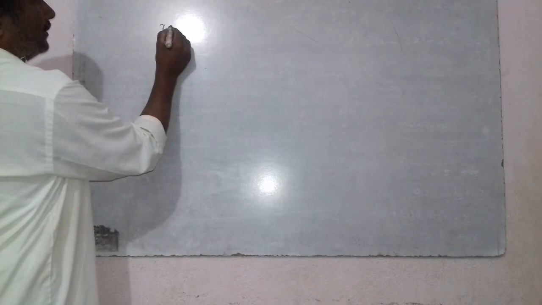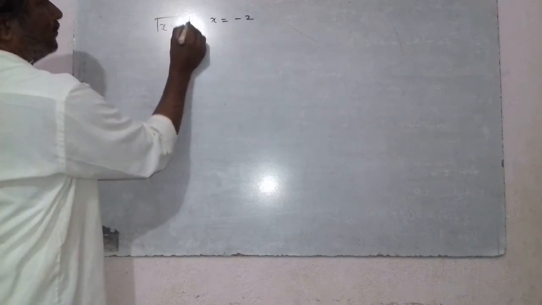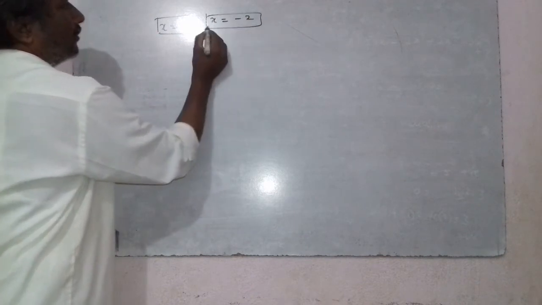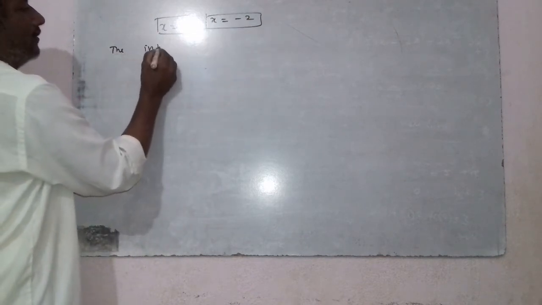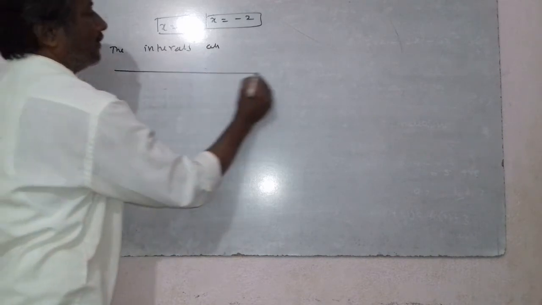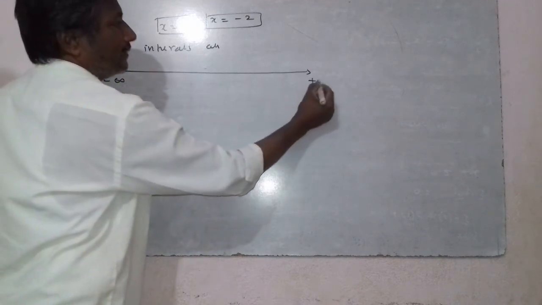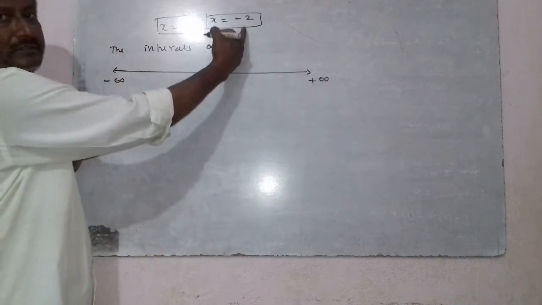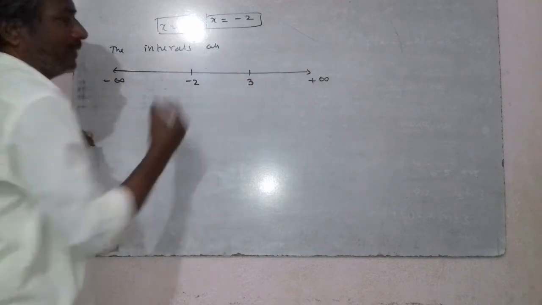So here x equal to 3, x equal to minus 2. So therefore the intervals are here. This is minus infinity, this is plus infinity. First consider the smallest one, that is minus 2, this is plus 3.